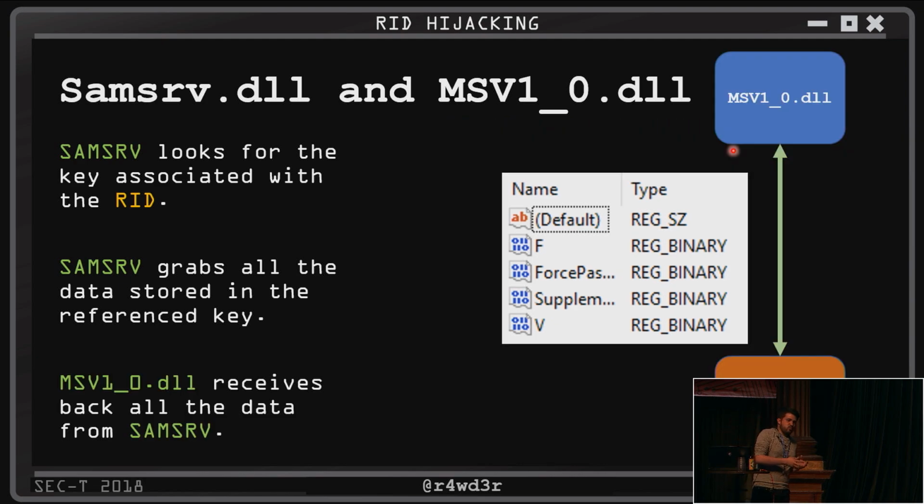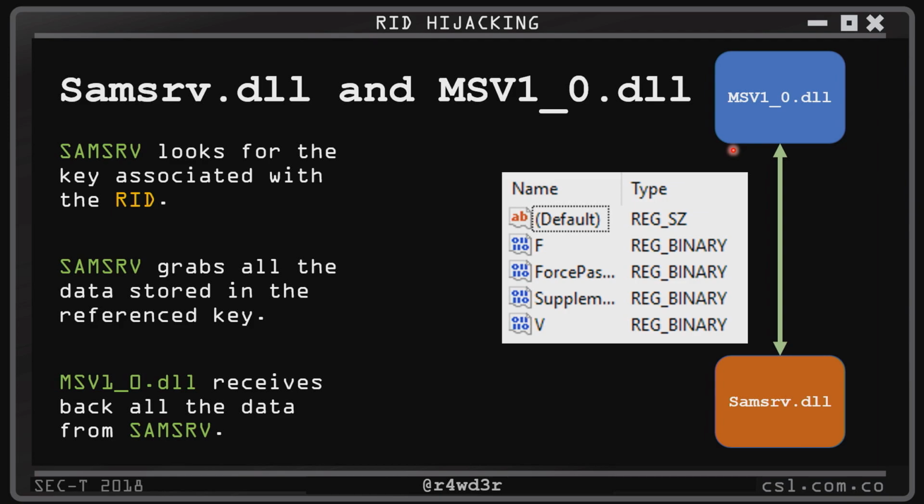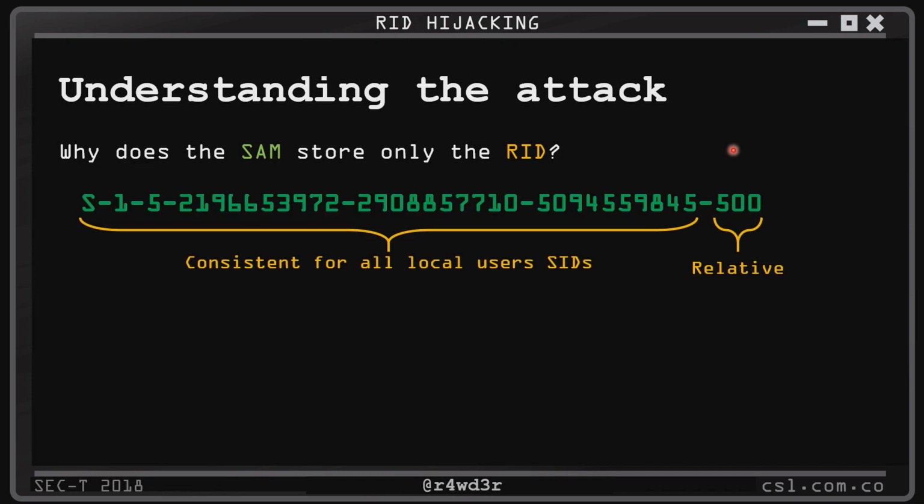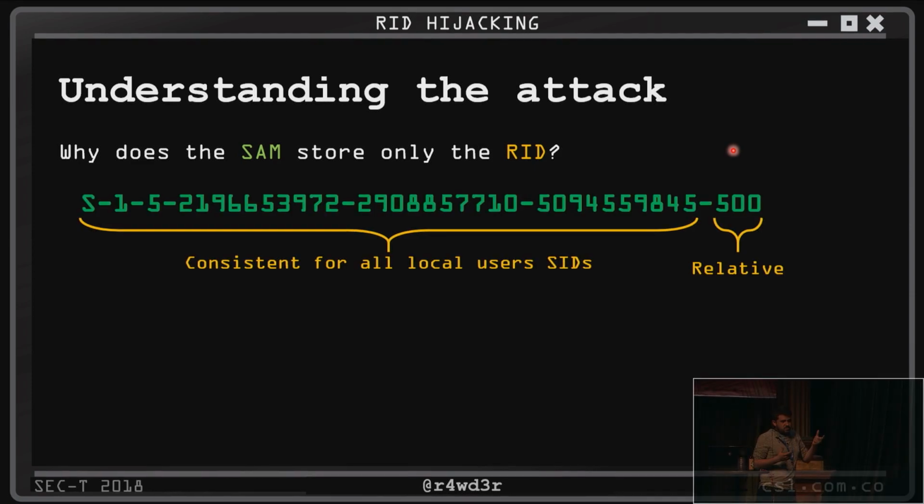And the SAM server will retrieve and return this information all in a package to the MSV1 to continue with the authorization process. So why does the SAM store only the RID? Because the first part of the SID remains consistent among all the different security principals in the same workstation, and it is not needed to store them all.